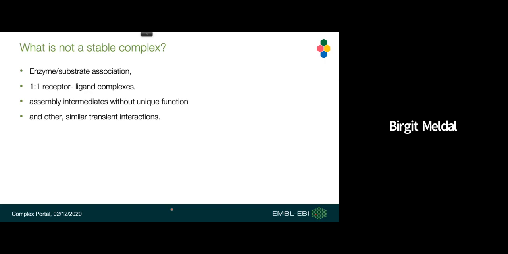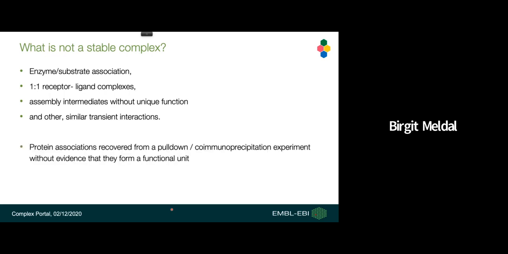On the other hand, the complement cascade for complement 3b contains a range of different C3b complexes that all have a function along that cascade of attacking pathogens in the host organism. And therefore, there are a number of different C3b complexes in the complex portal.